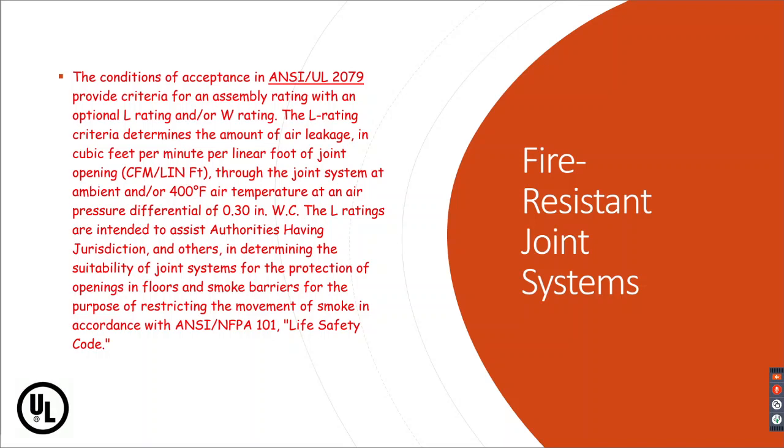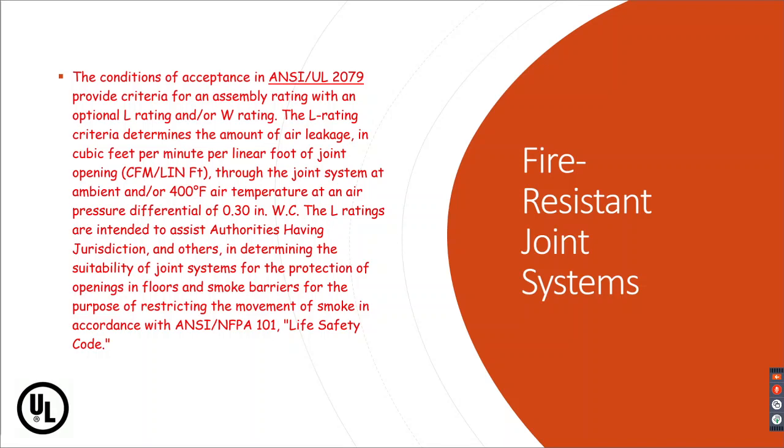And then finally, the conditions of acceptance in ANSI UL 2079 provide criteria for an assembly rating with an optional L rating and/or W rating, the W for water leakage. The L rating determines the amount of air leakage in cubic feet per minute per linear foot of joint opening through the joint system, again at the 400-degree air temperature at an air pressure differential of 0.30 inch WC.